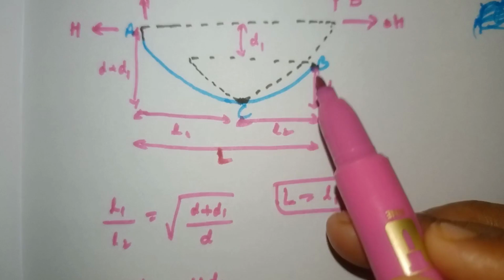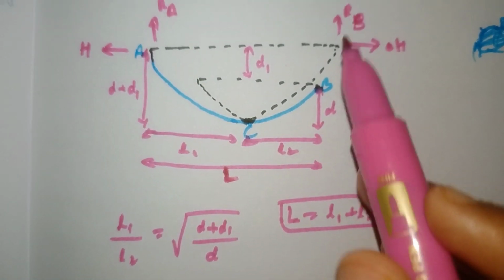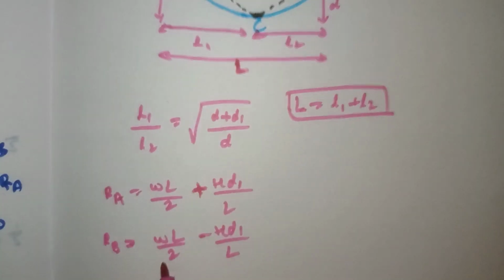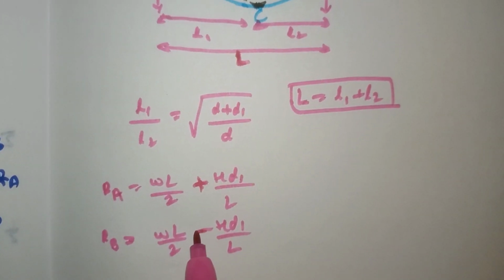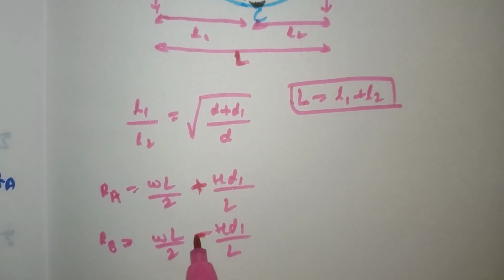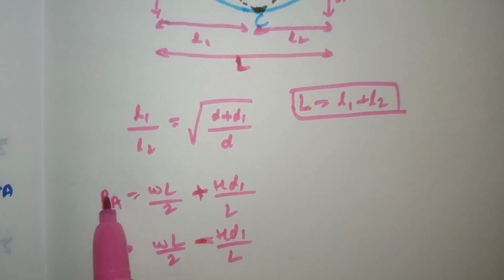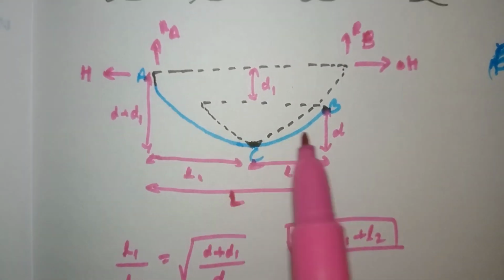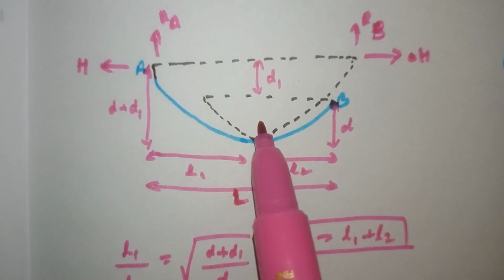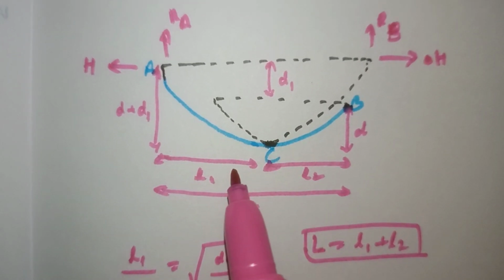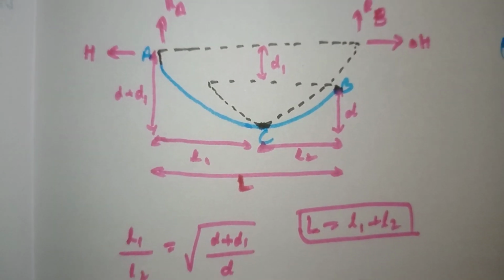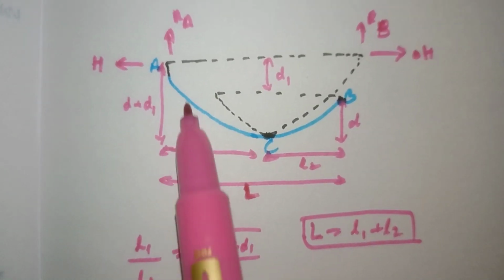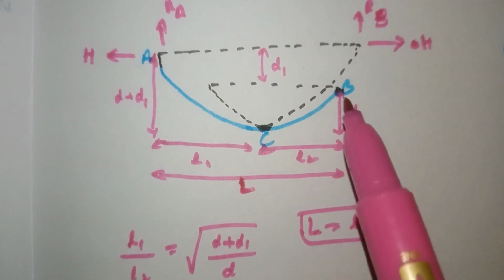For RB this is the smaller part, so for the smaller portion, when calculating RB, we take the negative. By looking at this diagram you can easily remember. Simply substitute the positive sign while calculating RA, because this portion is bigger compared to this smaller one.